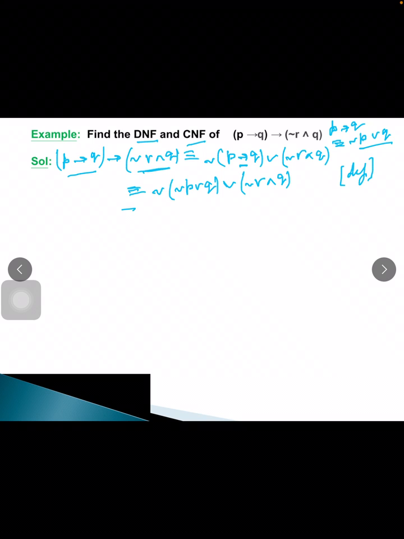Next, this is equivalent to, after that we use De Morgan's law, because here we have a negation before the braces.